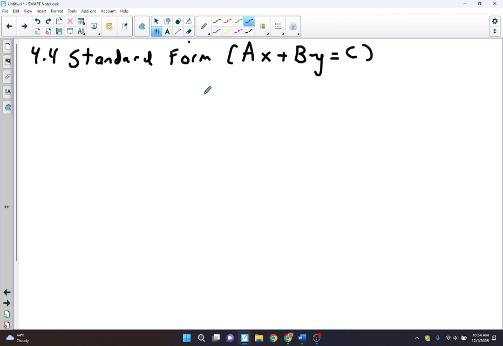Usually, to make it into standard form, you have to just start off in point slope form. So let's say I gave you m equals 7, and the point in parentheses is 4 comma 3. First you have to start off in point slope form. So y minus 3 equals 7 times x minus 4.